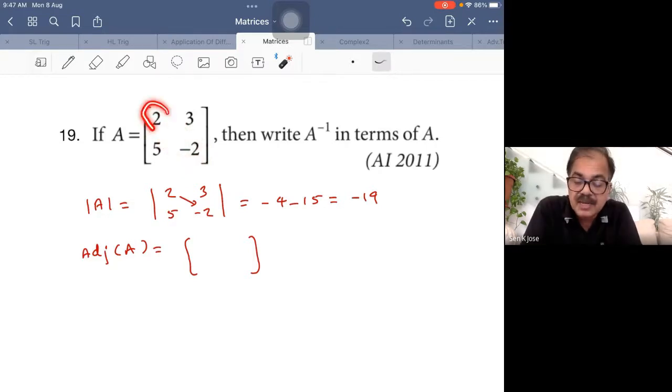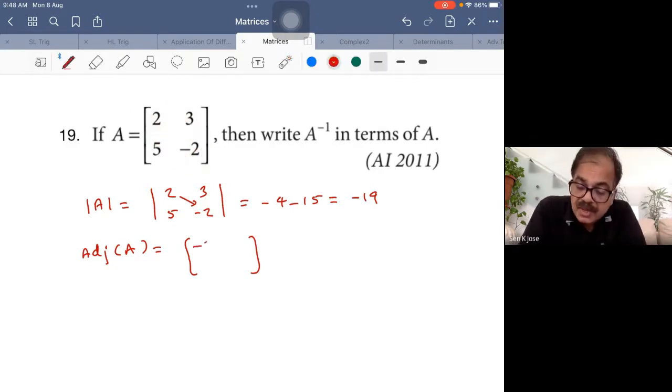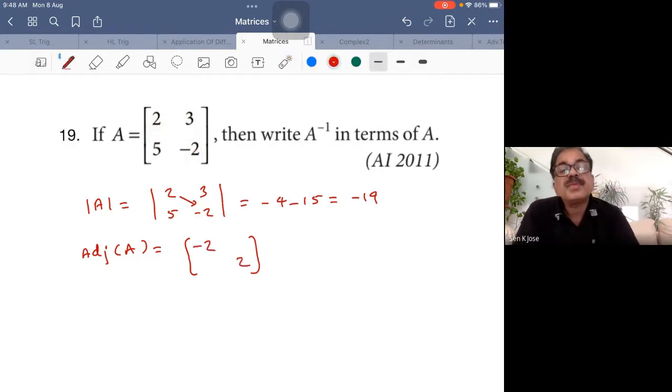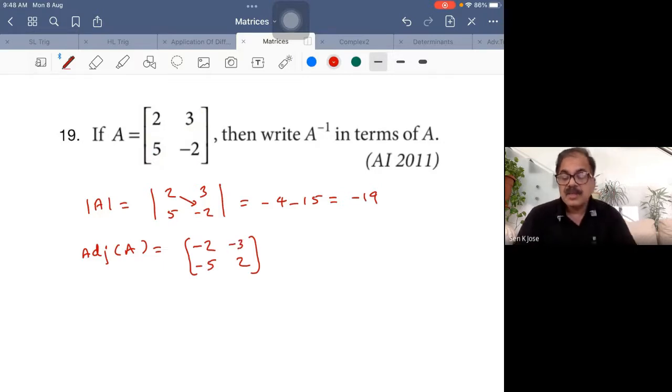Interchange them. 2 and -2 will become -2 and 2. Then for the remaining elements, you change the sign. If it is positive, you make it negative. If it is negative, you make it positive. Here they are positive, so I make them negative. That's adjoint of A.